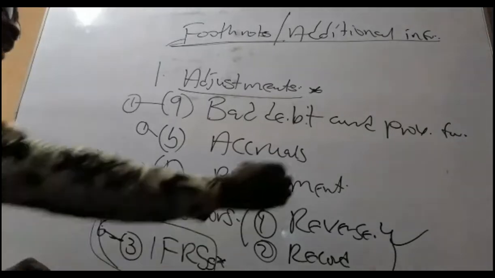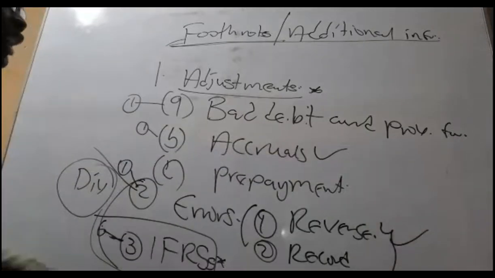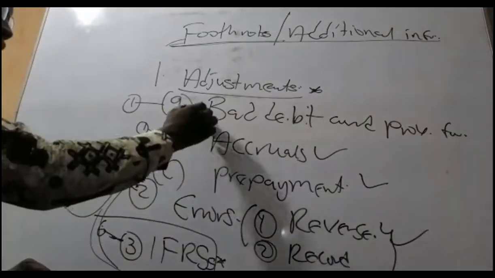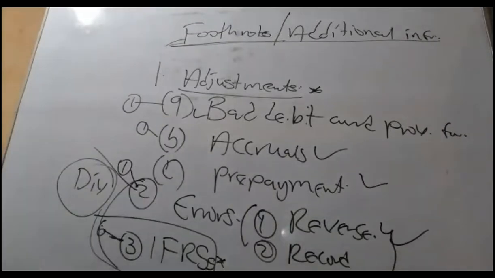I'll start by doing accruals, come to prepayments, and finally land on bad debts and provision for bad debts for the remaining time ahead of us. I hope you get it. If you have any question, kindly let me know. If you don't understand anything, kindly let me know.